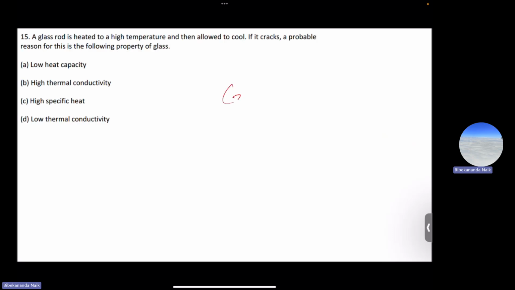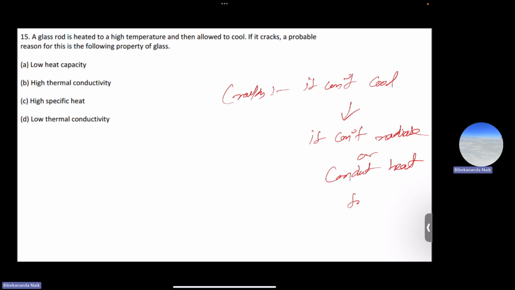So it cracks means it can't cool. That means it cannot radiate or conduct heat to the surrounding.